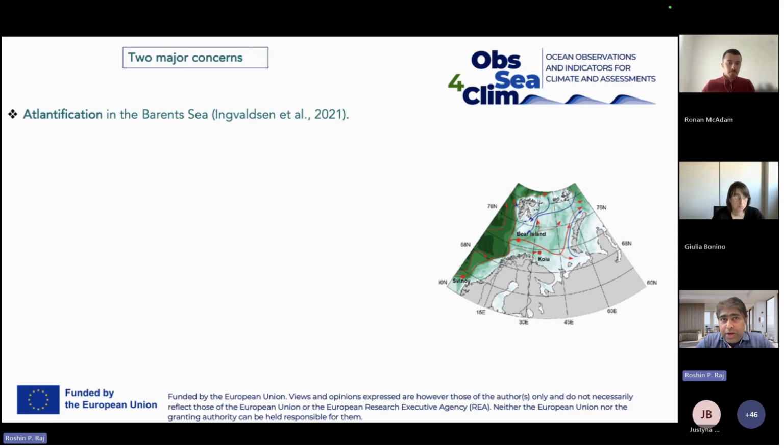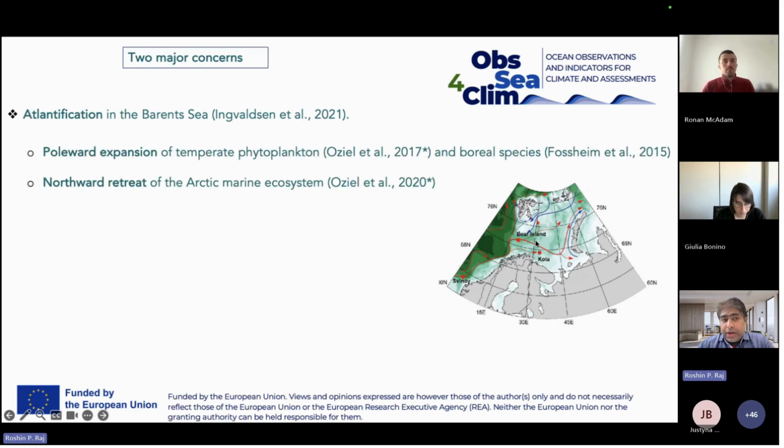Atlantification is a common term that we use to denote the increased influence of Atlantic waters from the south, in the red line, into the Arctic region. Atlantification has resulted in the poleward expansion of temperate phytoplankton and boreal species. It has also resulted in the northward retreat of the Arctic marine ecosystem.